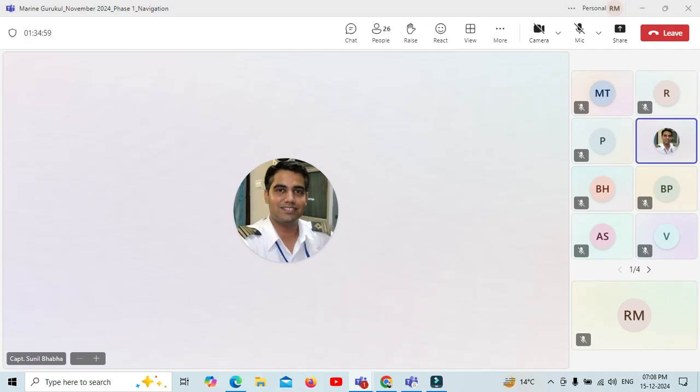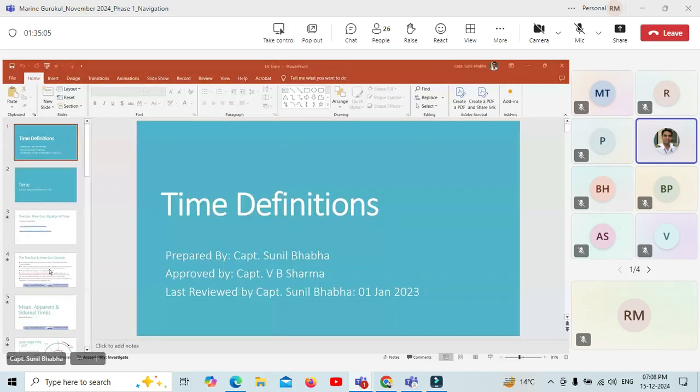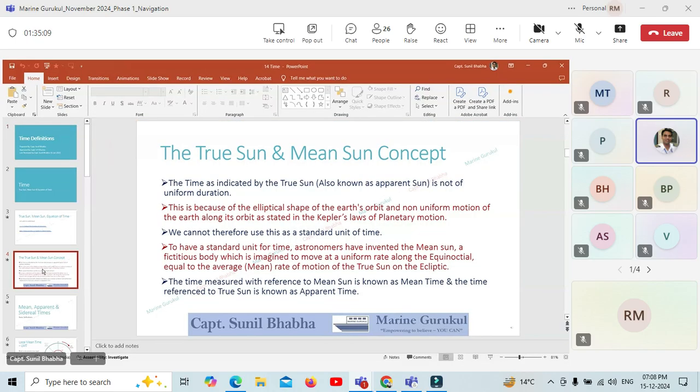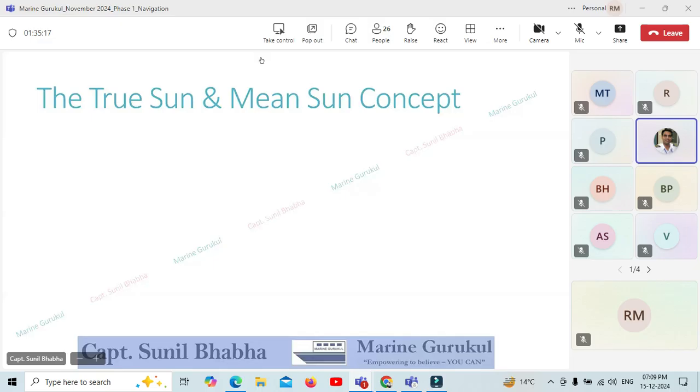So now we are going into time, beta. We will understand what is the true sun, the mean sun, what are the different times, and then what is the equation of time. Let's go. In this presentation, we are going to learn some of the concepts related to time in navigation.